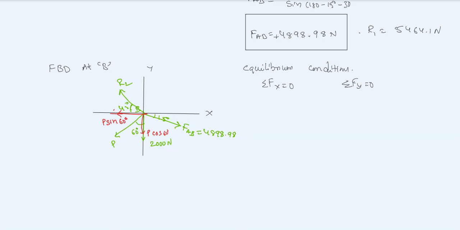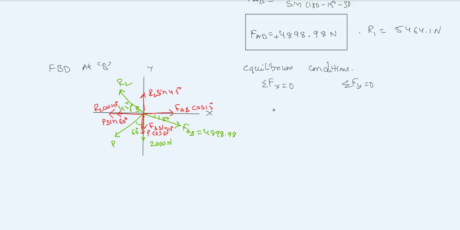Similarly, R2 can be resolved into R2 cos 45 and R2 sin 45. Similarly, FAB sin 15 and FAB cos 15. So you can resolve the forces according to the requirement, right?